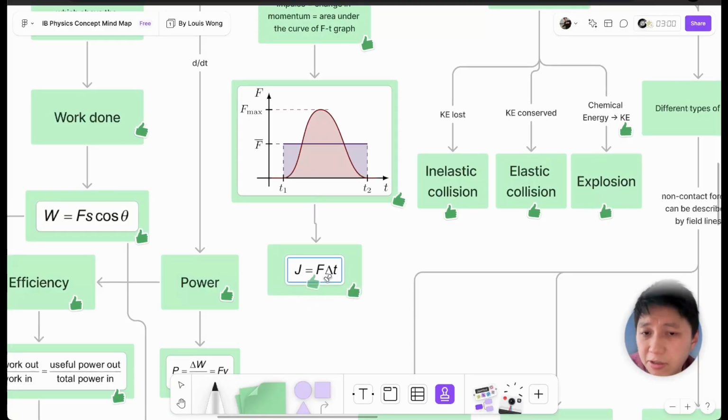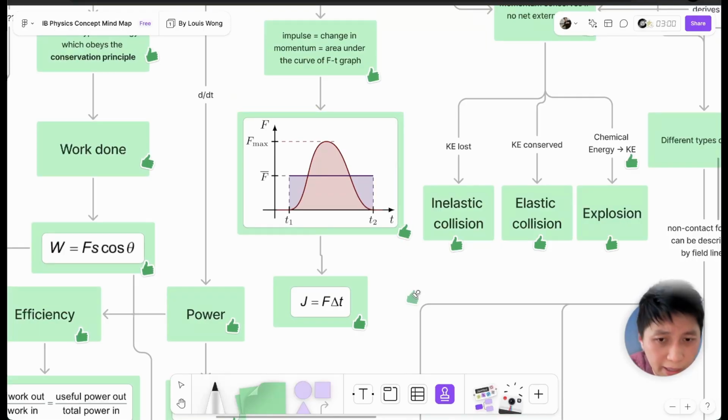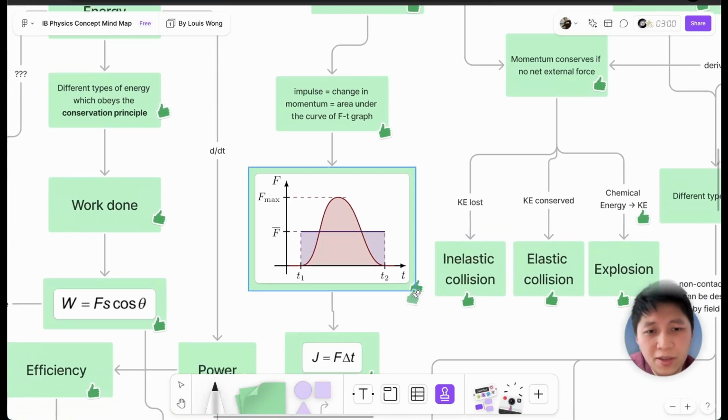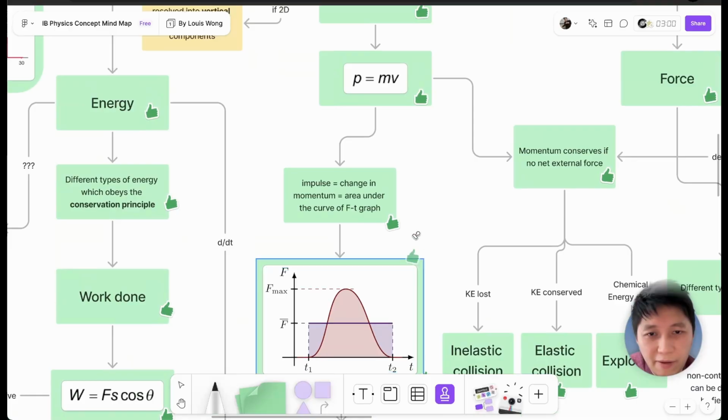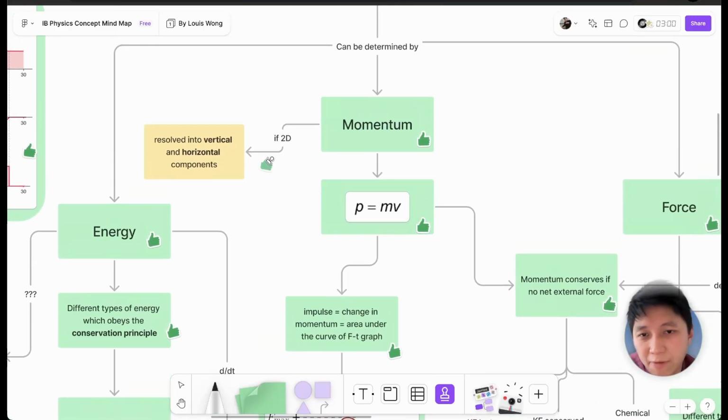You have this equation in the data booklet. Just pay attention that J is referring to impulse or change in momentum, not something else. I tried to look up why we use a simple J, but I cannot find why. It just said that it's to avoid confusion, but I don't know why we don't just put delta P.